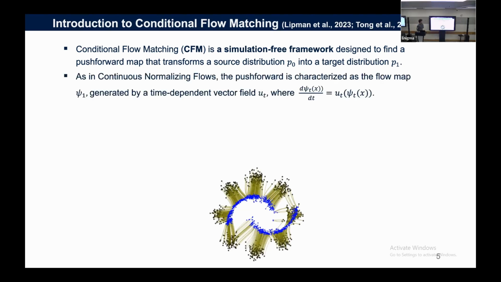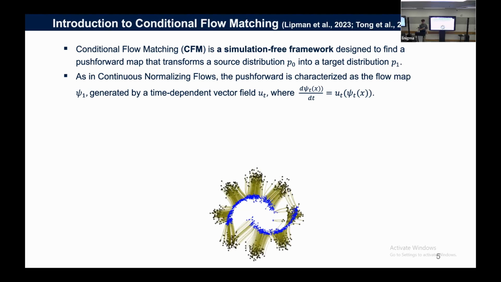Now, something that is relatively old is this idea that, mathematically speaking, mapping distributions means you want to find a push-forward map, right? Then in 2018, people realized that one relatively efficient way, and I'm emphasizing the word relatively here, to do that would be, instead of parameterizing the push-forward map directly, to learn a vector field that pushes particles from the source distribution to the target distribution, and then we integrate this vector field to find a flow map.